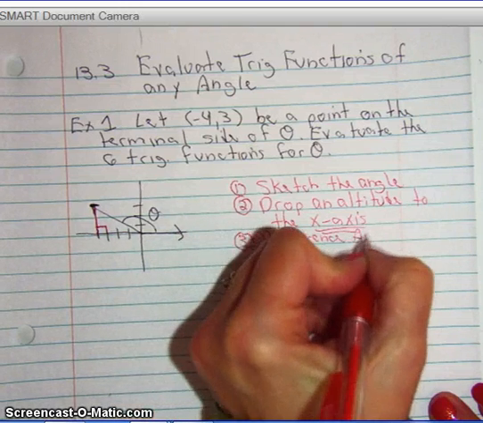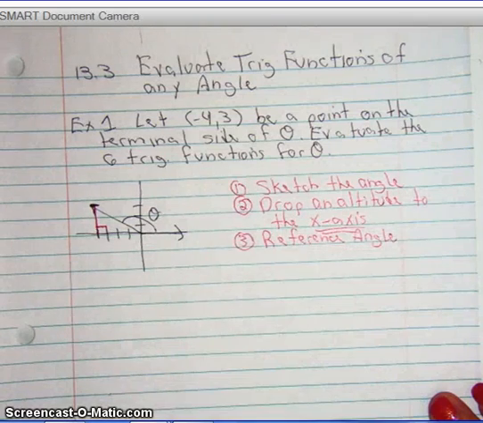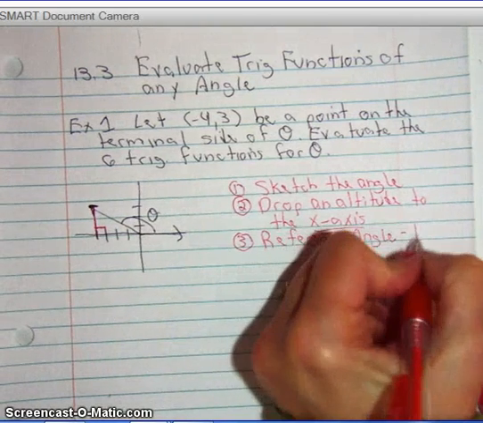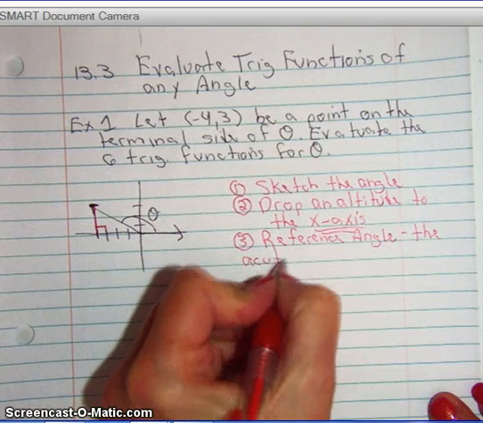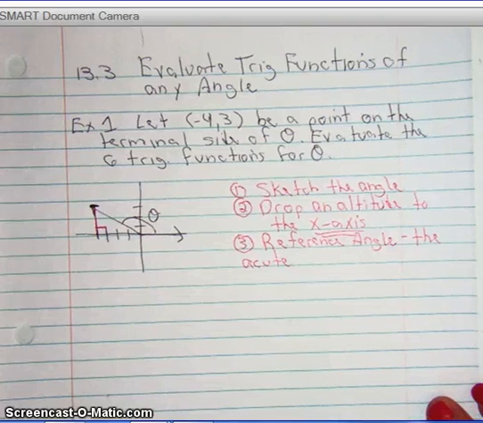All day today we're going to be using reference angle. It is the acute angle. Because it's so attractive, it's acute angle.